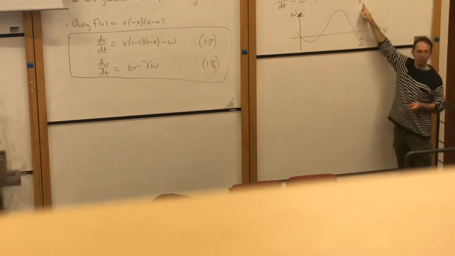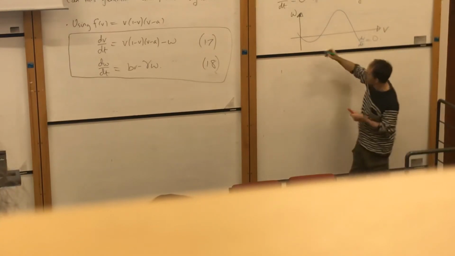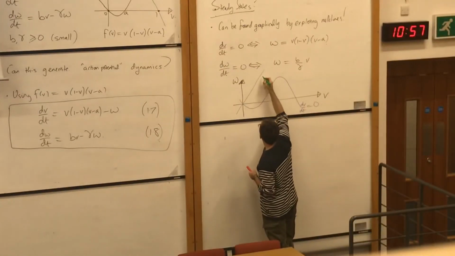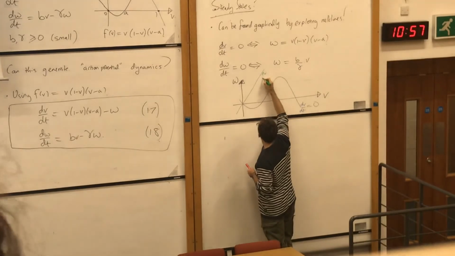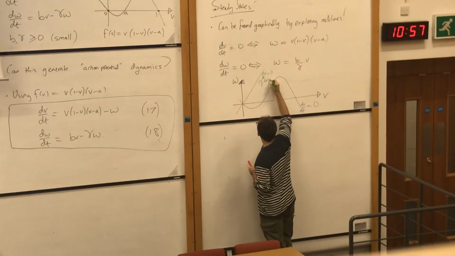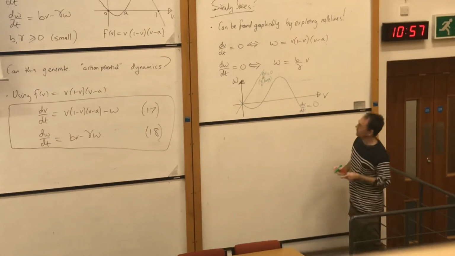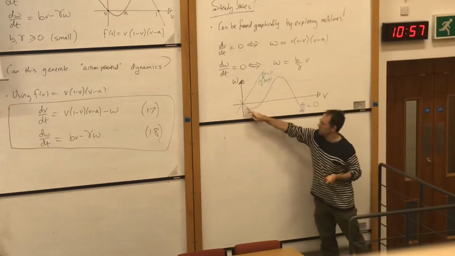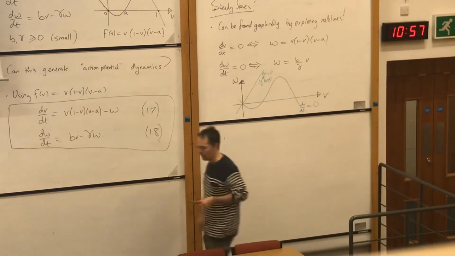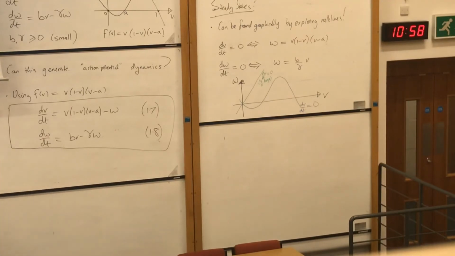If b over gamma is large, then we're in this sort of scenario. You cross through the origin, and then this graph rapidly increases for v greater than 0.